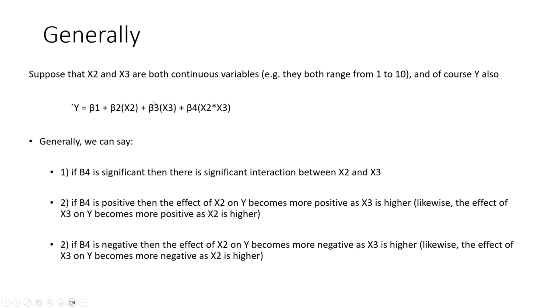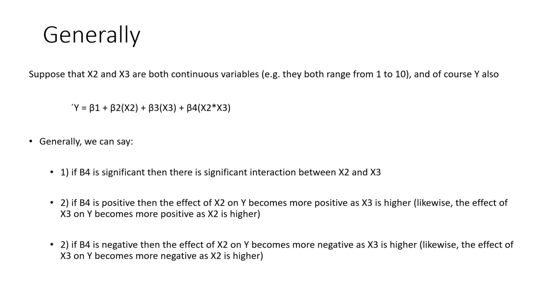We have two independent variables, x2 and x3. And because I want to test the interaction of x2 and x3, I need to create a multiplicative term for x2 times x3. But x2 is a continuous variable and x3 is a continuous variable.